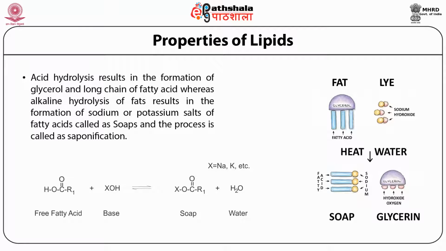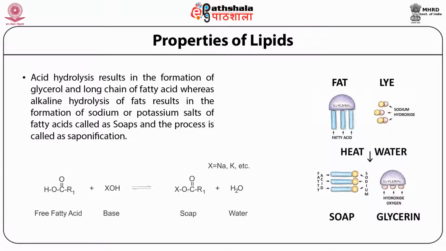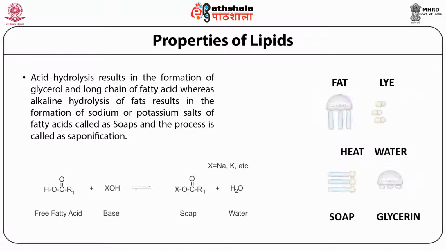The acid hydrolysis results in the formation of glycerol and long chain fatty acids, whereas the alkaline hydrolysis of fats or lipids results in the formation of sodium or potassium salts of fatty acids, which are also called soaps. This process or phenomenon is termed saponification.